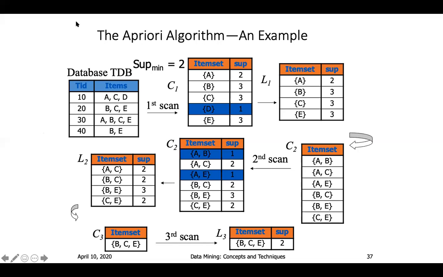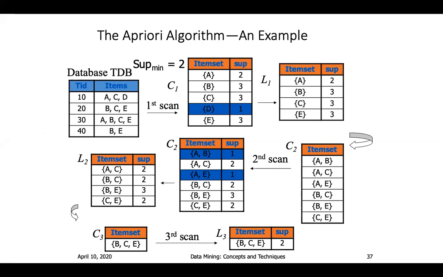Now check in the database, in how many transactions do both A and B occur? Only one. This is the second scan now. So we have generated the candidate list 2, C2, and now we are scanning them.